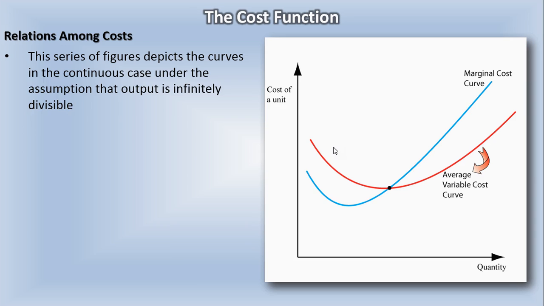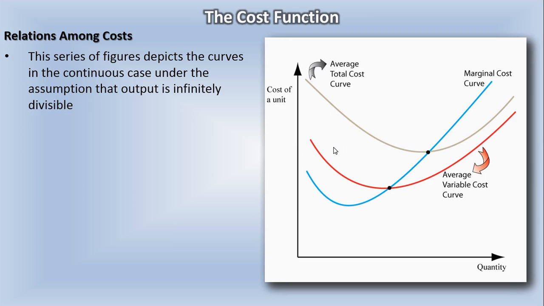And therefore, the lowest point of the average variable cost curve will happen at the point where it is equal to marginal cost. And that's important because one of the important decisions that firms will make will be reliant on that point where average variable cost is at its minimum.